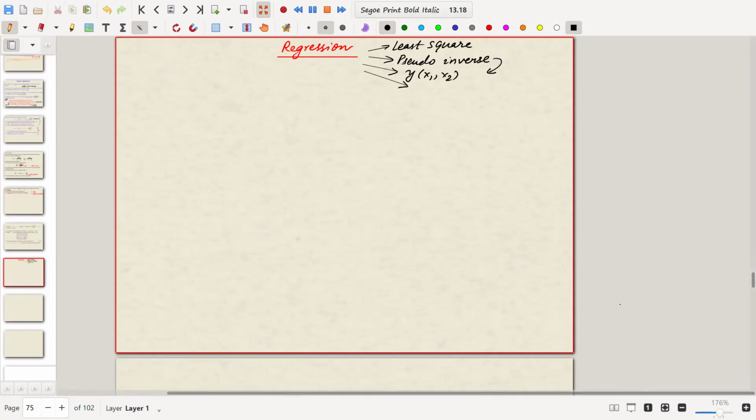We should see how you can visualize regression as neural networks, and how you can use a multi-layer perceptron for regression. So these will be the parts of this regression module.